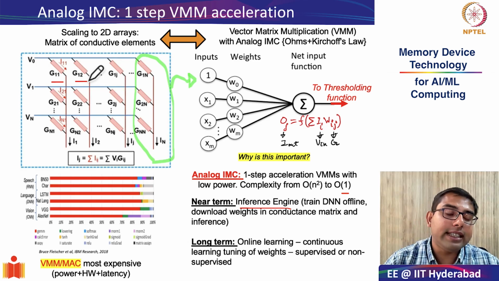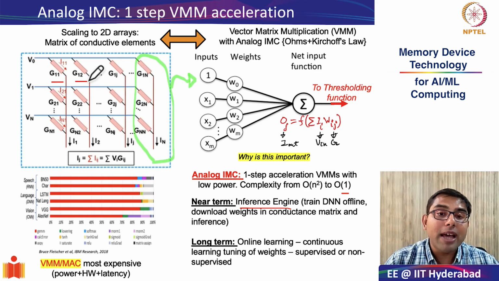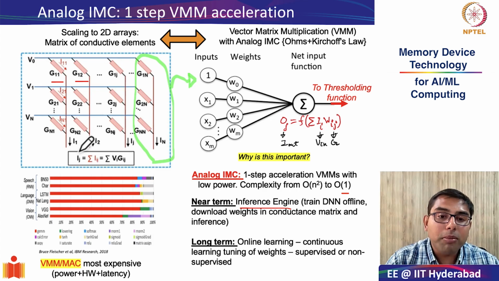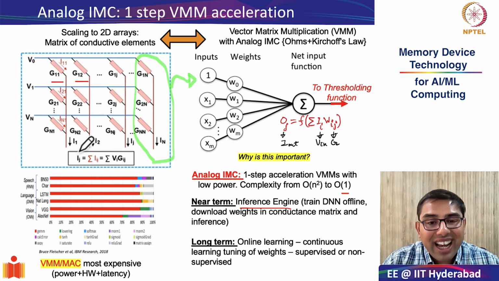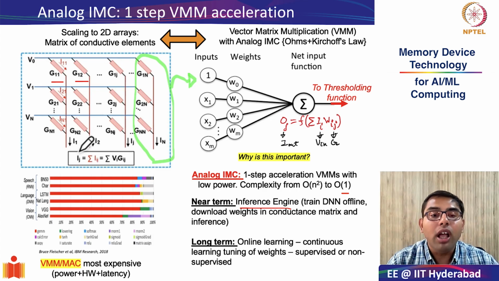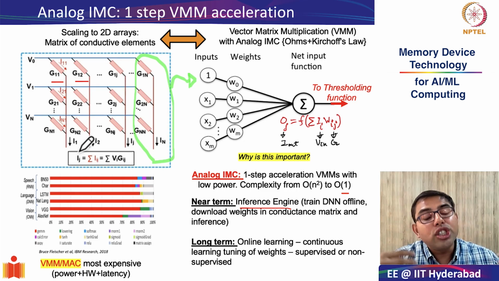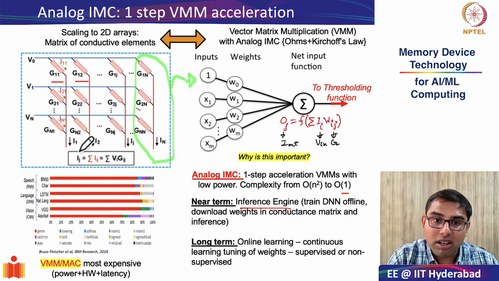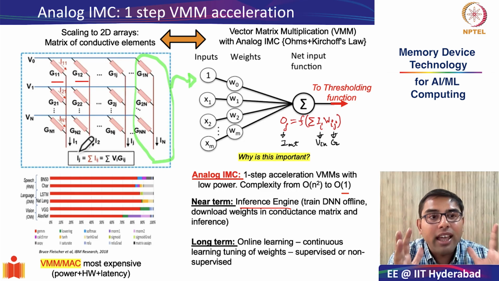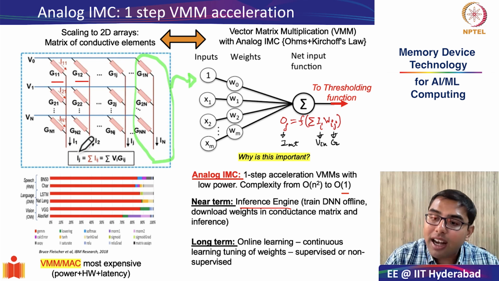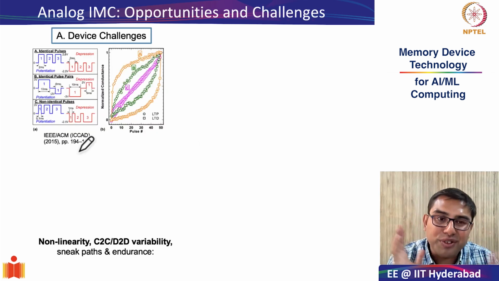So this inference engine, what we saw in IBM's True North. However, the long-term goal is also to do online training through continuous tuning of weights, both in a supervised or unsupervised manner. So this is the key focus or goal of analog in-memory computing. However, it has its own set of challenges.